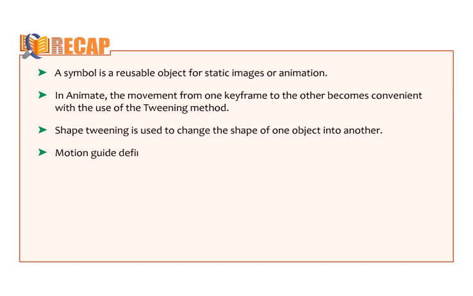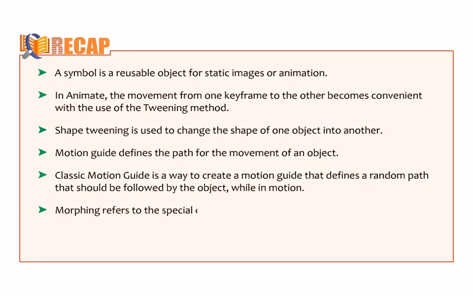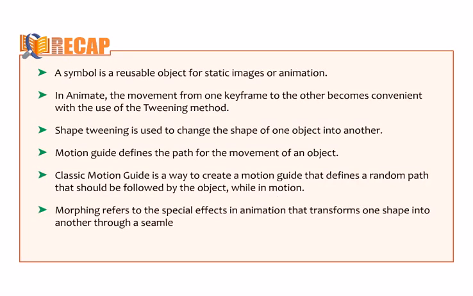Motion guide defines the path for the movement of an object. Classic motion guide is a way to create a motion guide that defines a random path that should be followed by the object while in motion. Morphing refers to the special effects in animation that transforms one shape into another through a seamless transition. Paint Brush tool is used to draw stylish brush strokes.